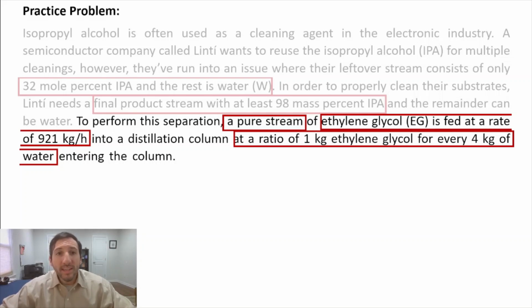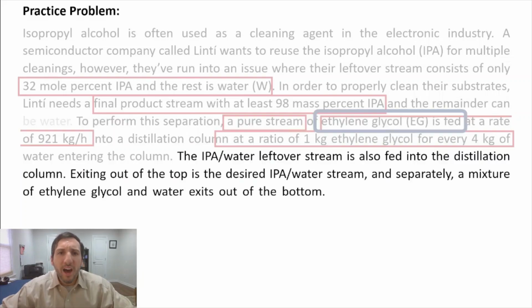And we see in this most recent sentence that ethylene glycol is fed. Okay, so ethylene glycol is being fed into my column, which means that I have an inlet stream of ethylene glycol. Great. All right, and I think we've extracted as much as we can from this sentence. So we're going to move on to the next sentence.